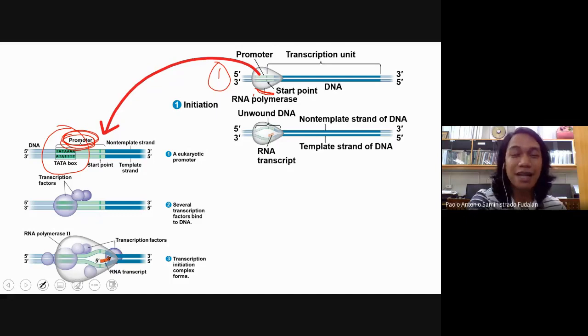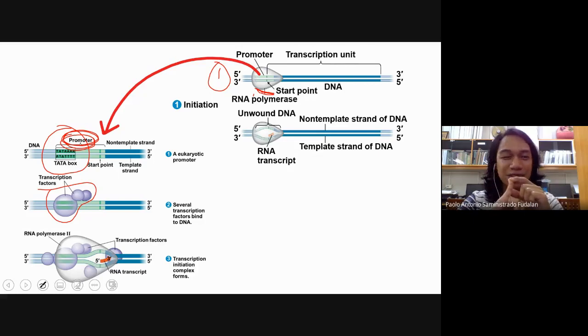And not only that, transcription factors, which are chemicals important so that transcription will start, should be present also. So first, you need a promoter, that's the TATA box, only in eukaryotes. And then there's transcription factors.